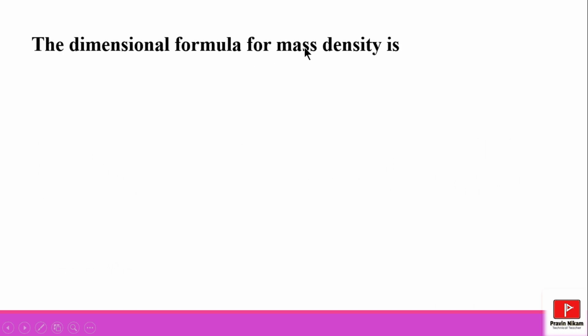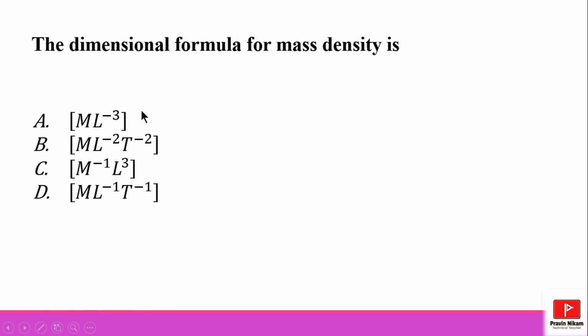The dimensional formula for mass density is, and the options are M L raised to minus 3, M L raised to minus 2 T raised to minus 2, M raised to minus 1 L raised to 3, M L raised to minus 1 T raised to minus 1. Now see, you can't say directly which option is correct. For dimensional formula, you must know the formula for that quantity and the SI unit of that quantity.